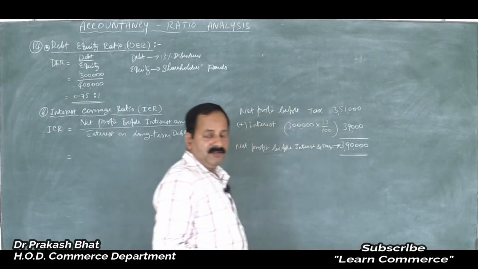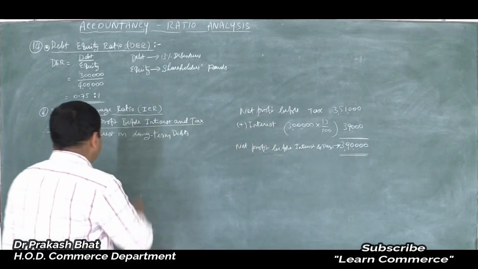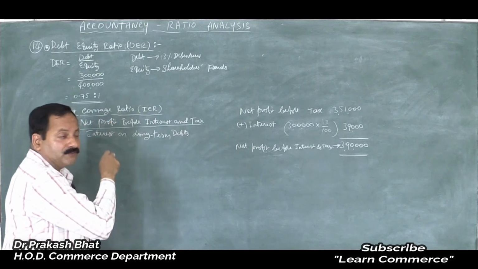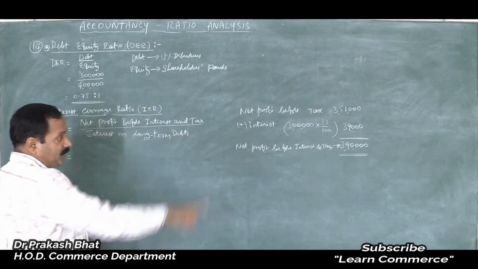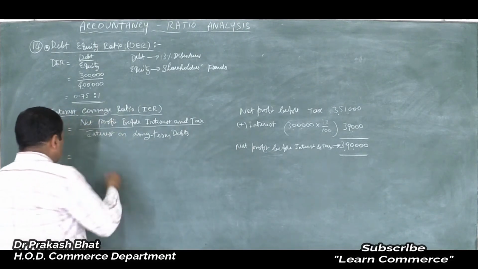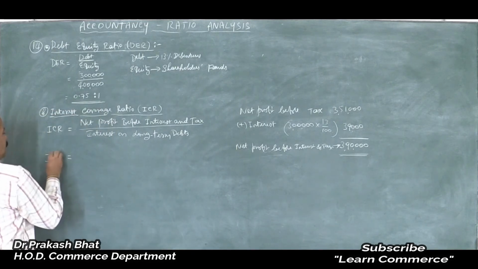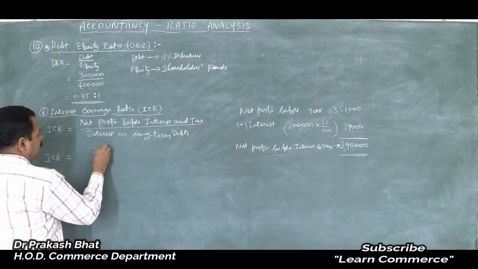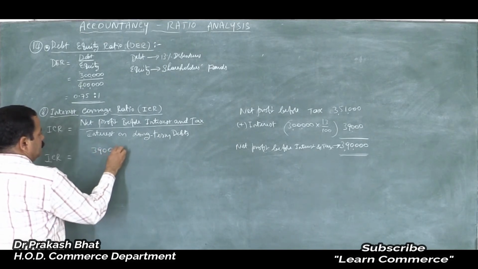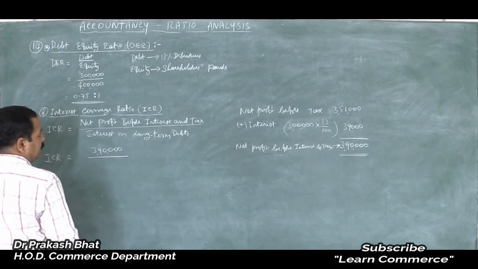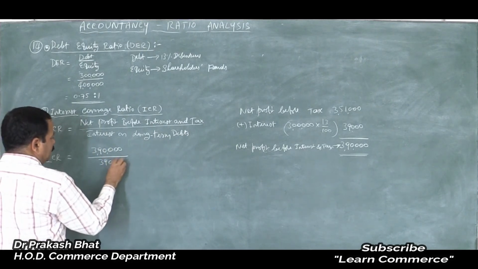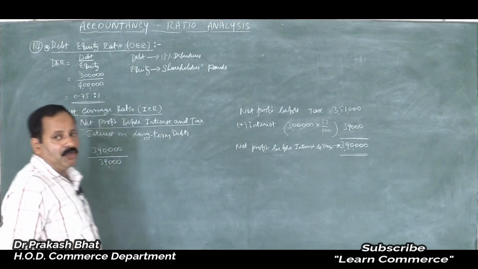Net profit before interest and tax is equal to 3,90,000. That is what is required for us to calculate the interest coverage ratio. So write straight away here, ICR, interest coverage ratio, is equal to 3,90,000 divided by interest on long term debt, that is 39,000. We have already calculated that, 13% on 3 lakh.